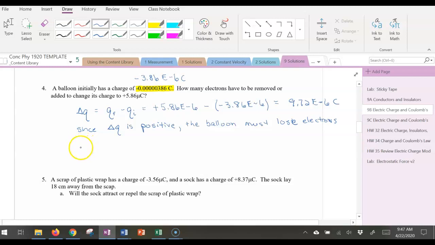And I can find the number of electrons because that would equal the change in the charge divided by the elementary charge, right? It can only lose whole electrons because charge is quantized. And so if I divide how much the charge has changed by the elementary charge, then I'll get the number of electrons.